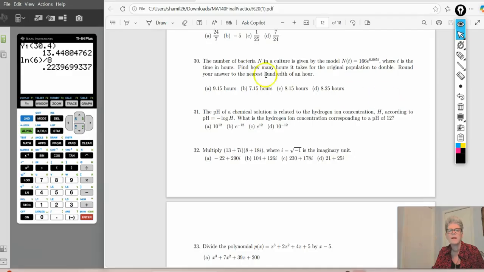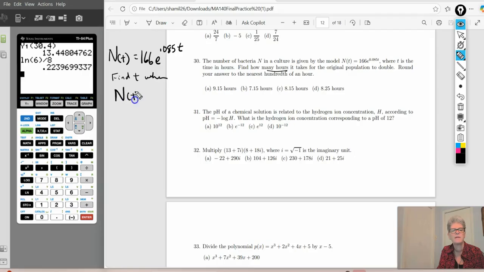All right, the number of bacteria in a culture is given by that model, where t is the time in hours. Find how many hours it takes for the original population to double. So let me rewrite it out here. And find how many hours, so find t, when the amount after t is twice what you started with.